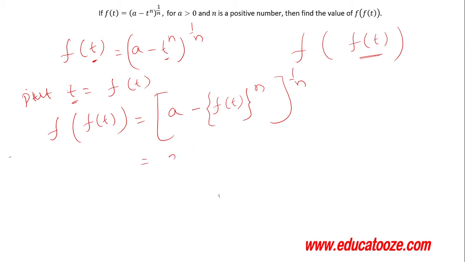That means it is a minus, now I will put the value of f of t from the above expression. What is the value of f of t? It is (a minus t^n) whole power 1 by n, the whole power n.